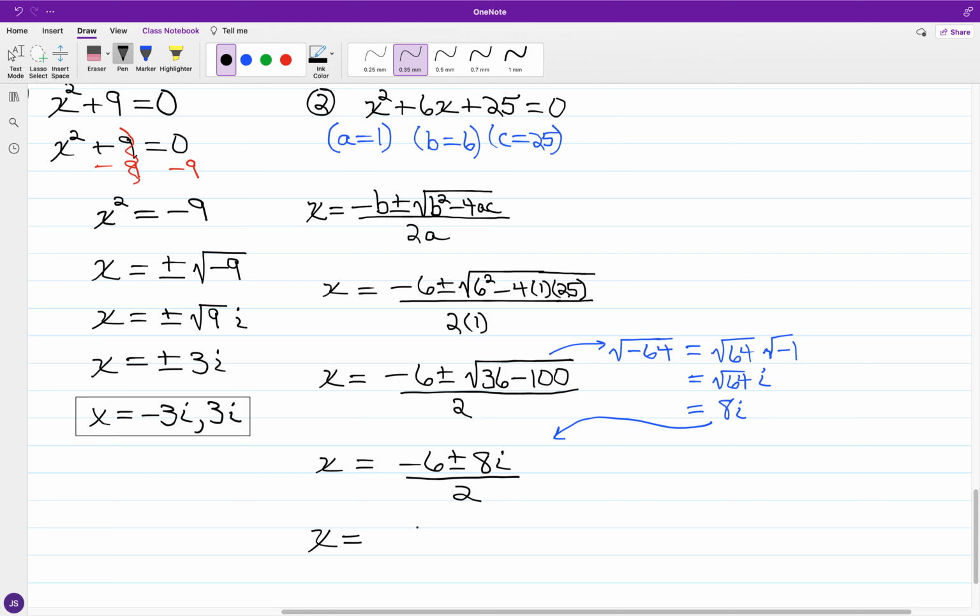We have even valued leading coefficients, so 2 will go into negative 6 negative 3 times, plus or minus, 2 will go into 8i 4i times. Then in separating, we have negative 3 plus 4i. That's one solution. And for the other, we have negative 3 minus 4i.